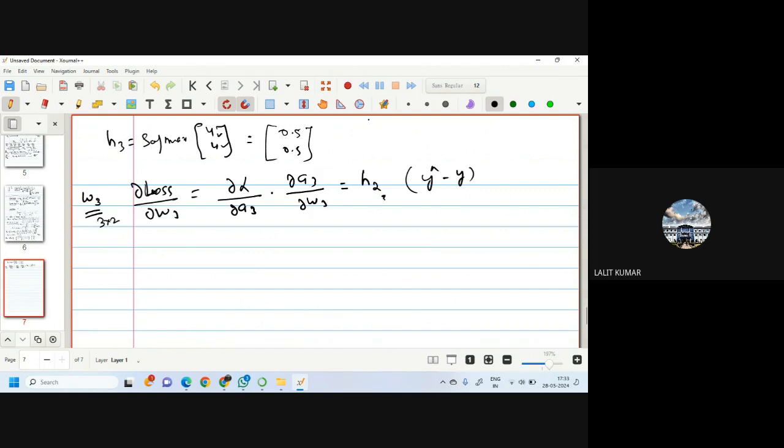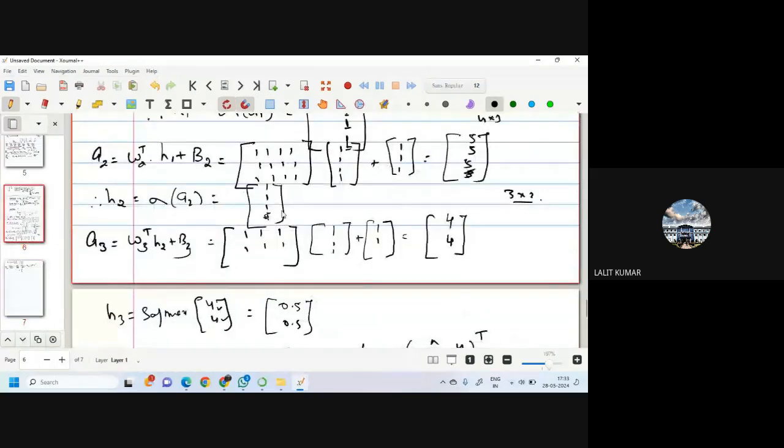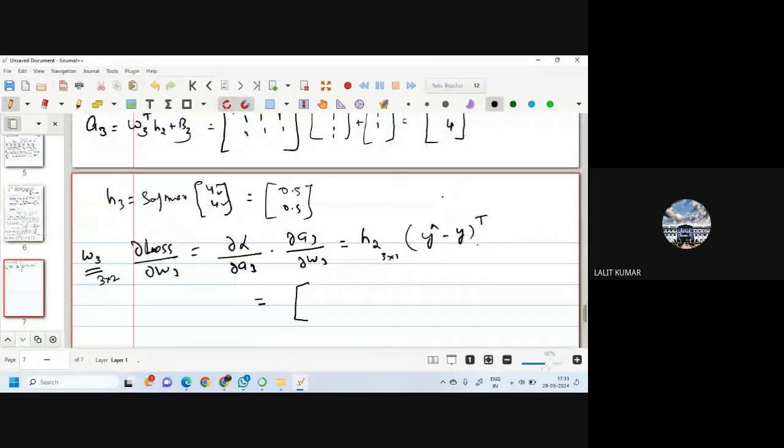This is 3 into 1, this is 2 into 1, so we have to do transpose. H2 which we have calculated, we have to use that. H2 is 1, 1, 1, and Y hat minus Y is 0.5 and transpose 0.5.